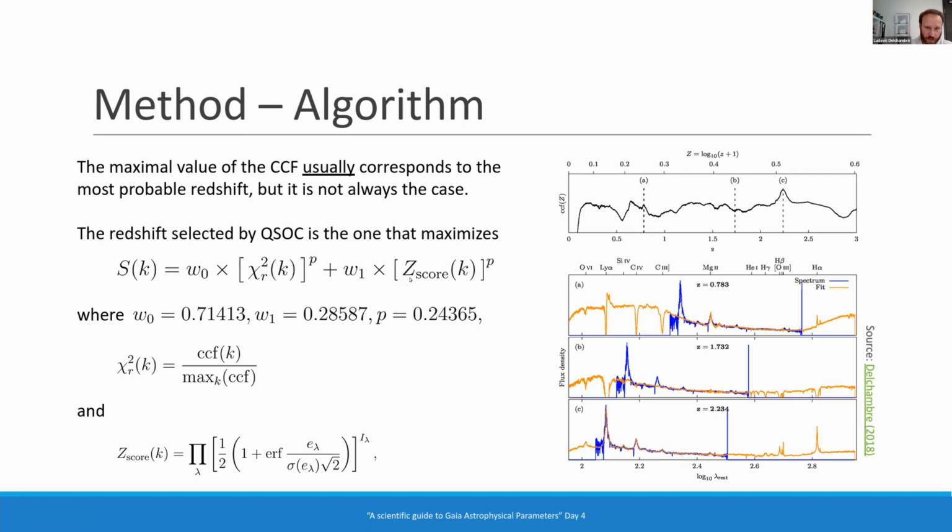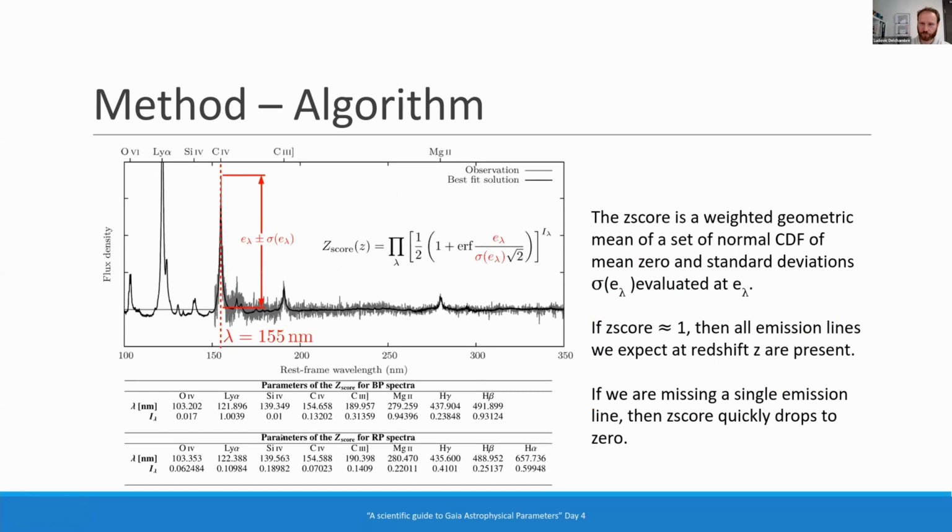And the z-score is actually a score measure that reflects the ability of the selected redshift to reproduce the expected emission lines. I will spend some time explaining this formula because it is extremely useful and maybe a bit tricky to understand. As a reminder, at a given redshift, we are expecting some emission lines to be present in the observed spectra.